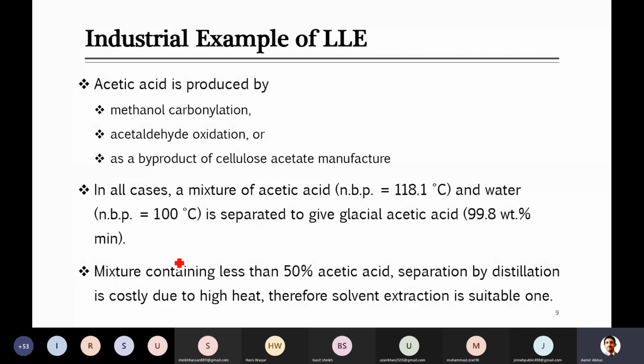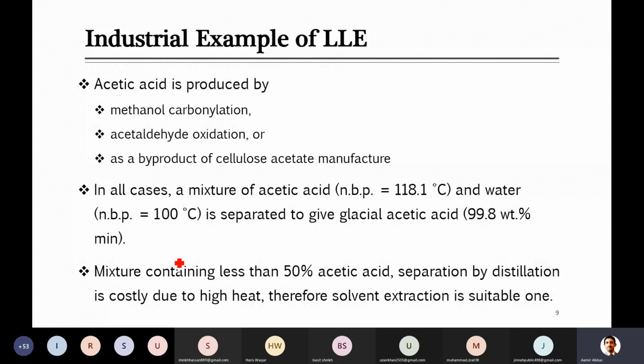For example, if we go for distillation, in those applications majorly where the mixture contains less than 50% acetic acid, like water is more than 50% or close to 50%, if you go for distillation, you will need a very large amount of heat. Because if you want to separate it with the help of distillation, the option is to heat it up so that water is boiled and you can get separated acetic acid as a bottom product, while lighter water will go to the top.